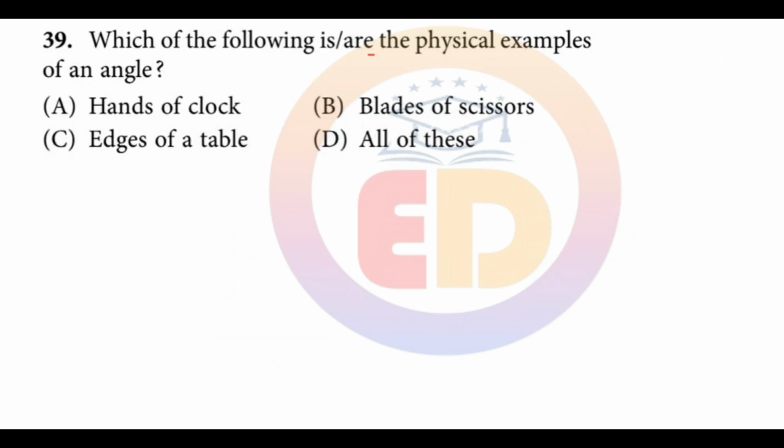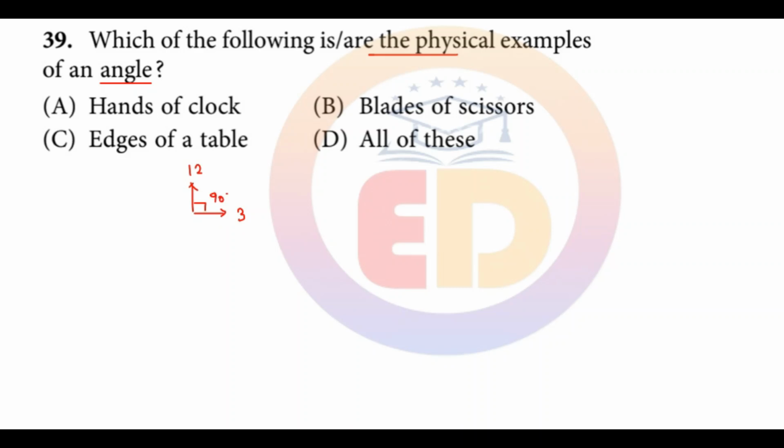Which of the following are physical examples of an angle? Physical example means angles of actual devices. First is hands of a clock. Yes, it is an example of an angle. For example, if the hour hand is at 3 and the minute hand is at 12, this forms a 90-degree angle.